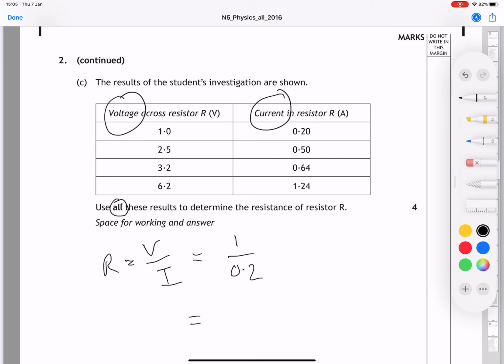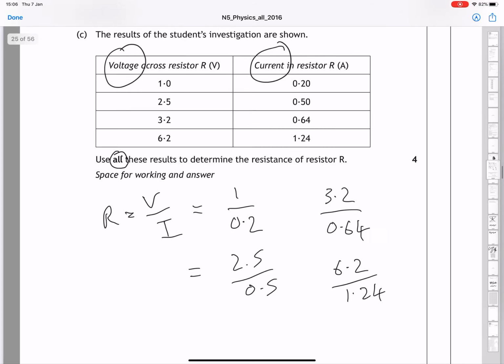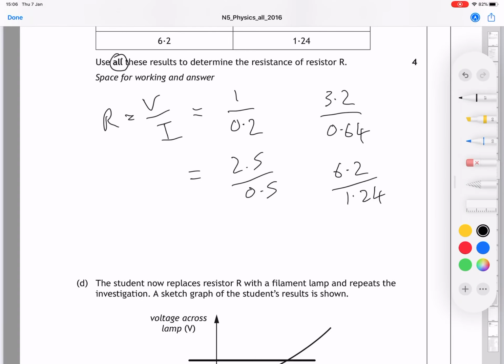For the second one, you've got 2.5 over 0.5. For the third one, you've got 3.2 divided by 0.64, and for the last one, you've got 6.2 divided by 1.24. And if you calculated all those, every single one of them gives you 5 ohms. So that is the resistance.